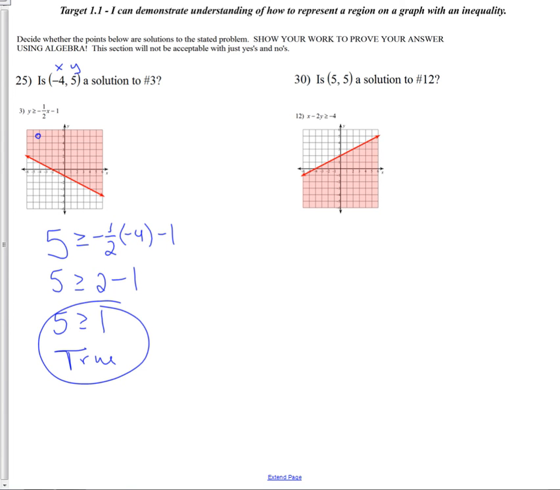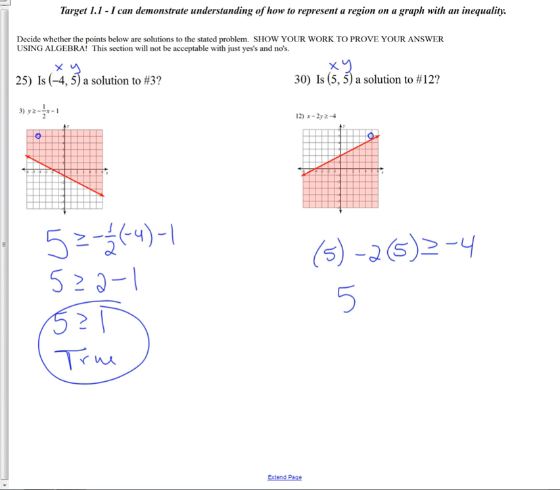Okay, let's look at the next one. 5 is going to be right here. Real close. So it looks like in the graph that it's not a solution. Maybe that's what we expect. So 5 is an x and a y. Let's plug it into the equation. x is 5 minus 2 times 5. y is 5 also. Greater than or equal to -4.